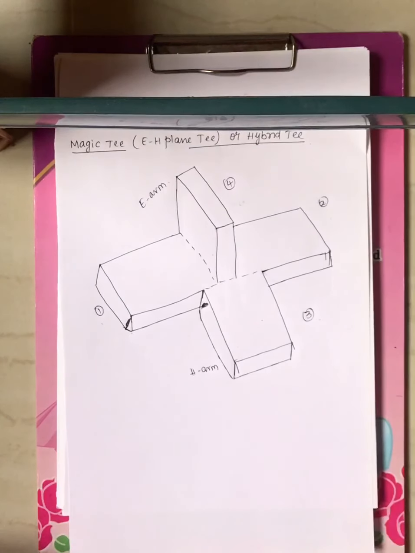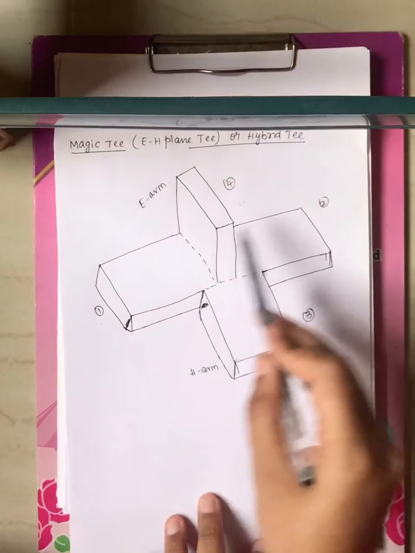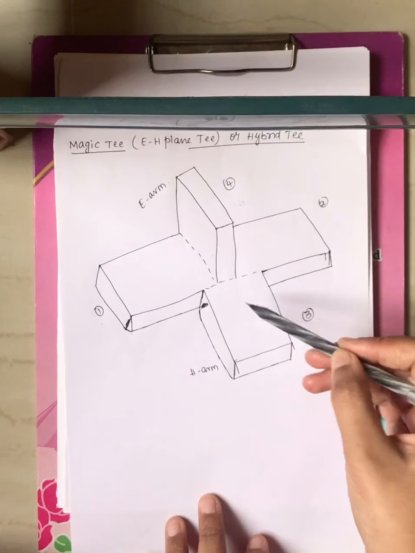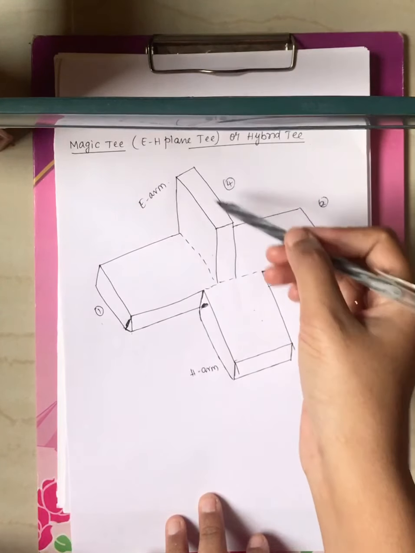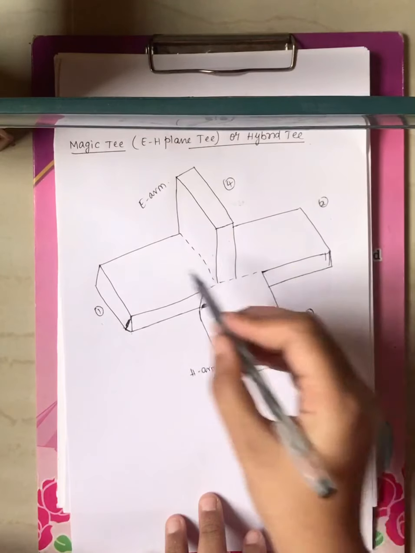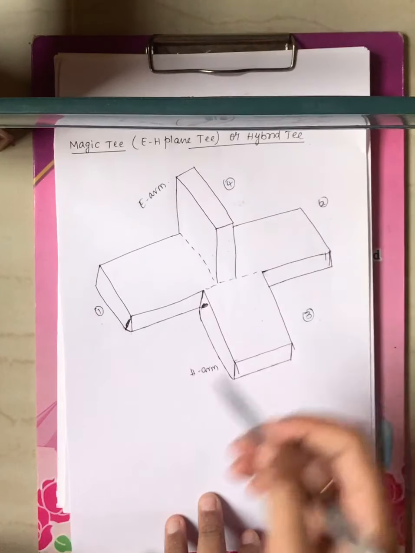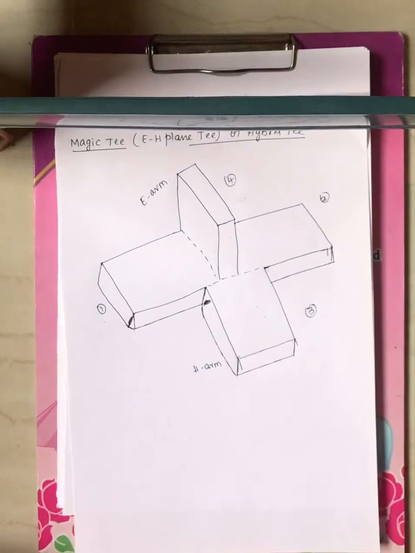Here we have to make 2 slots, along the width and along the broader dimension, and insert port 3 and port 4.